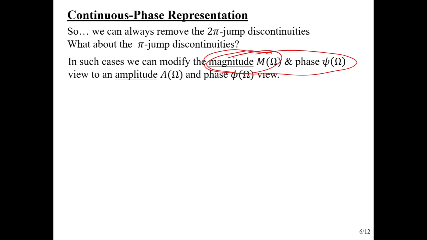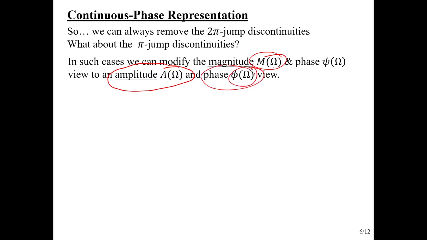And so what we're going to do is replace that with an amplitude view, which can go positive and negative, still real valued, but it can be positive or negative as needed. It comes from the magnitude, and we'll see how we do that in just a minute. And then we have to change the phase. So I use two different symbols here to indicate that they're different things.